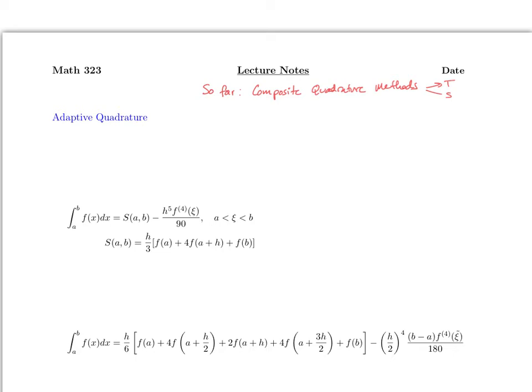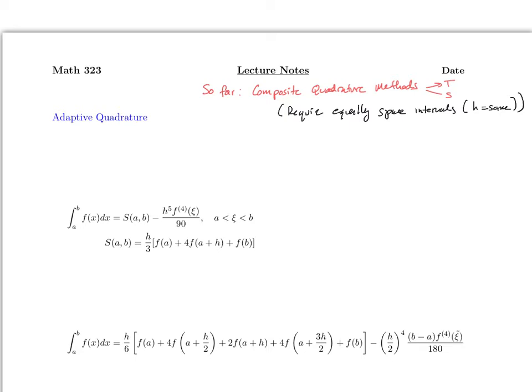And even though these methods mostly work well in most situations, the main disadvantage is that they require equally spaced intervals, or in other words, the value for h has to be the same throughout the process. I mean, h changes, but once you get a value for h, you have to use it all the time.